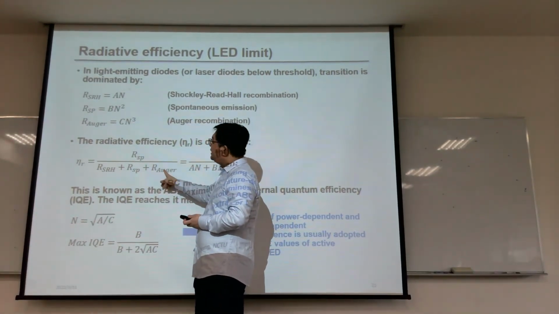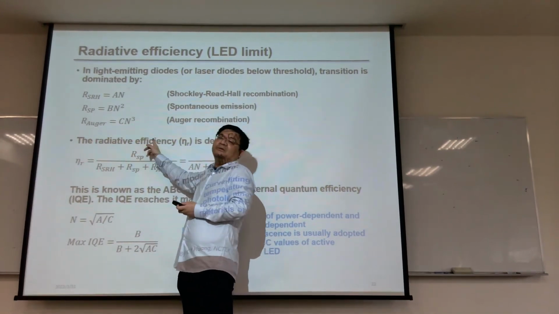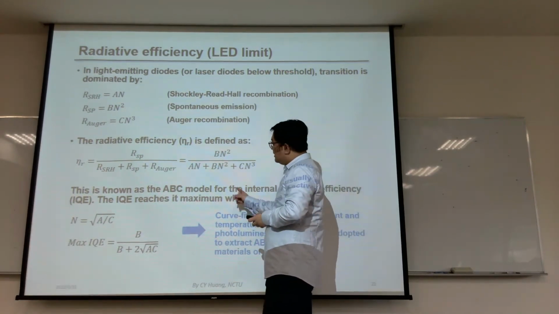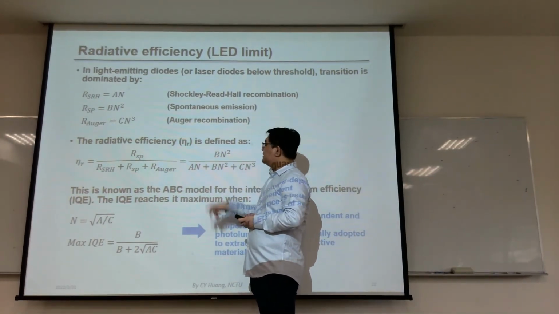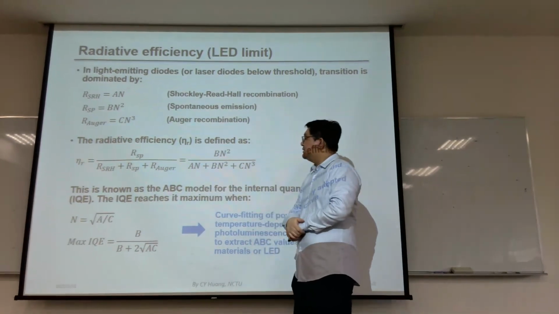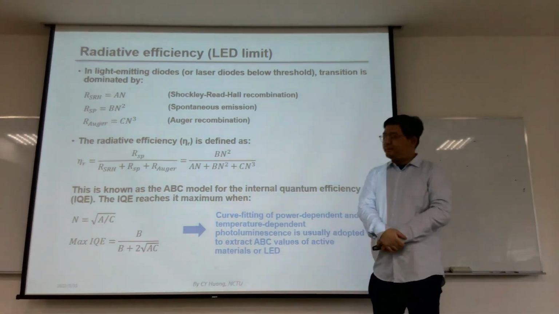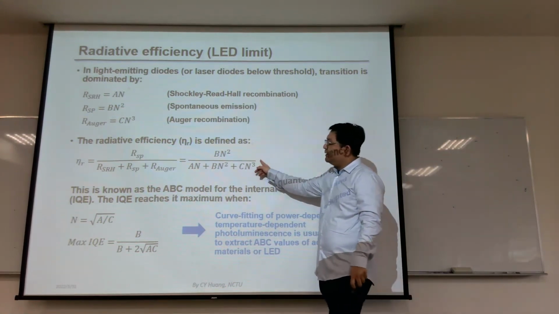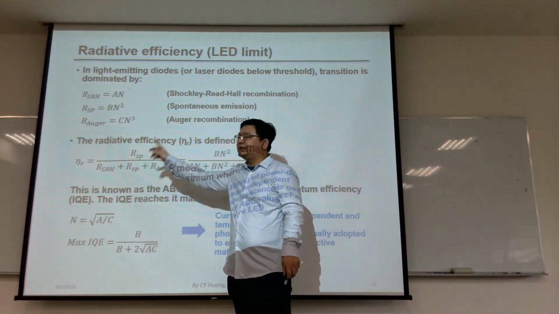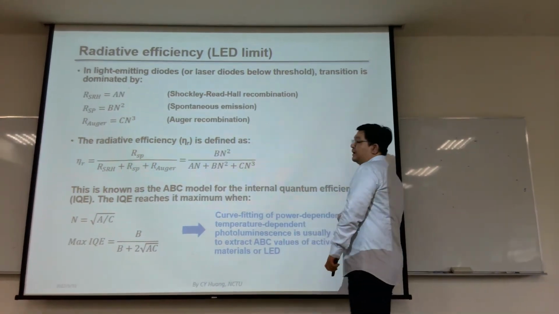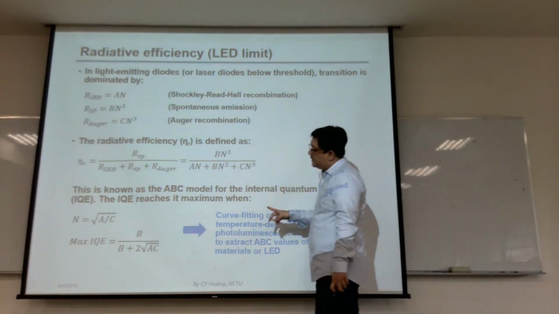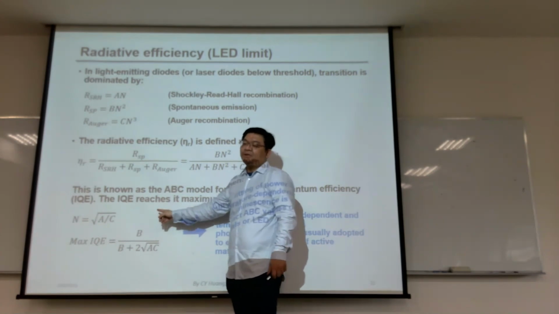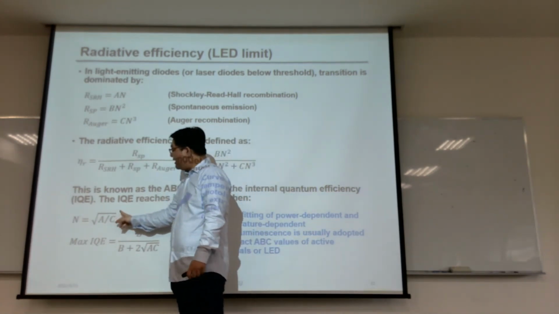But only the spontaneous term counts in the numerator because it is the radiative efficiency. So it is written as BN squared divided by AN plus BN squared plus CN cubed. Then we can do a simple calculation, a differentiation of the rate with respect to N. We will see that the IQE is a function of carrier concentration, and it will have an optimal value.